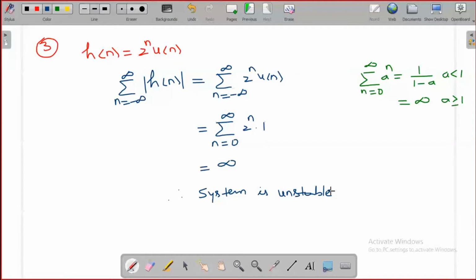Therefore, the system is unstable. So the system is unstable.